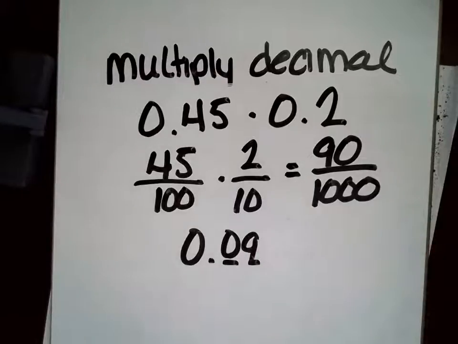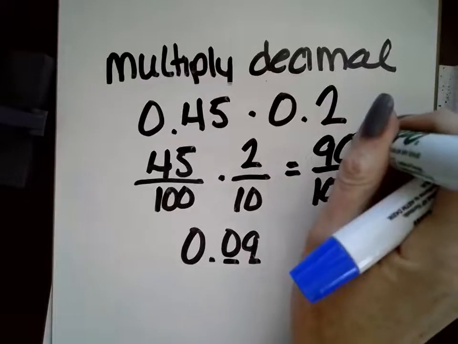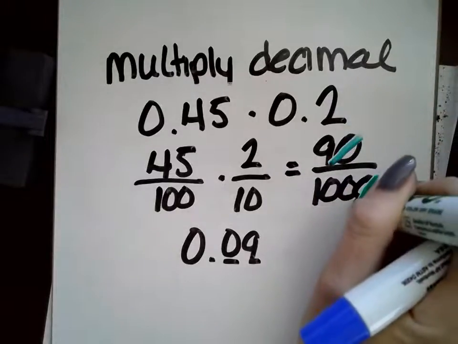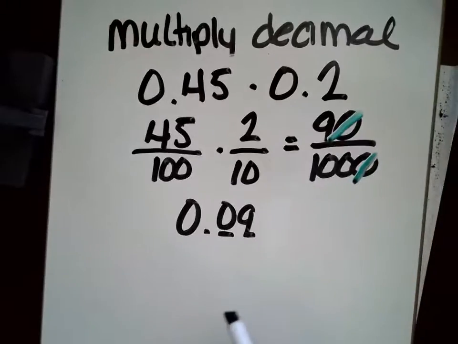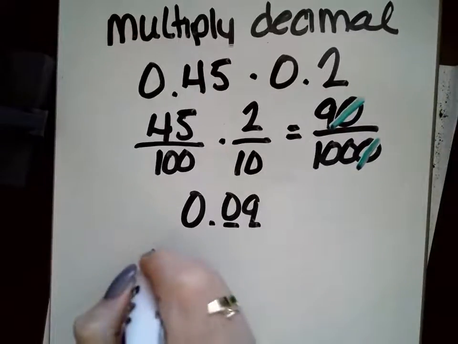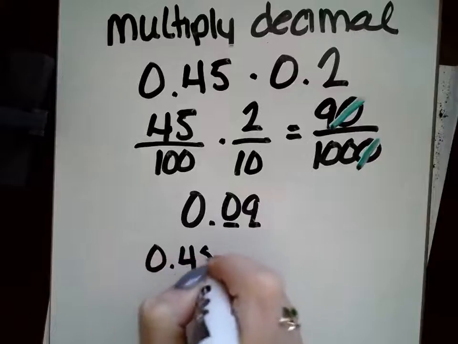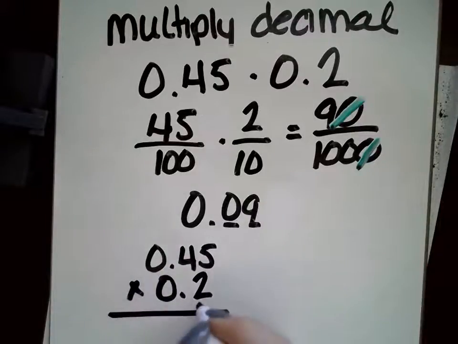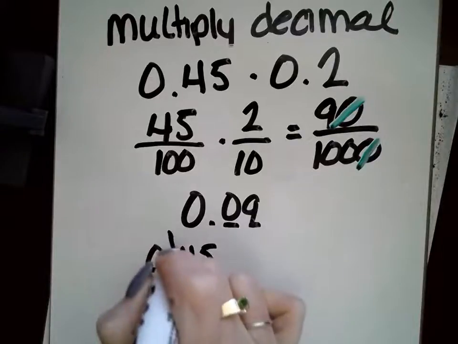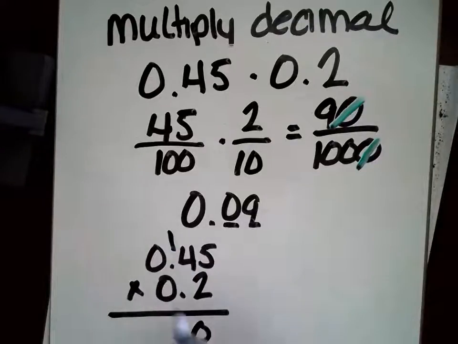And sure enough, if we look at our fraction, we can factor out a 10, factor out a 10, we're left with 9 hundredths. To see the decimal multiplication, 2 times 5 is 10, carry your 1. 2 times 4 is 8, plus your 1 is 9. The rest is 0.